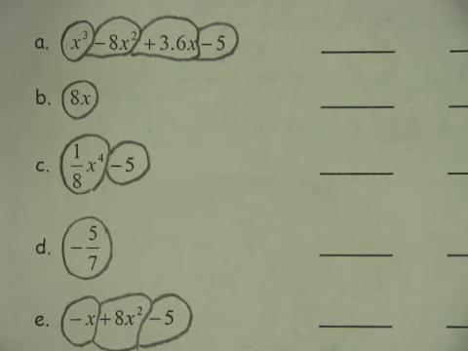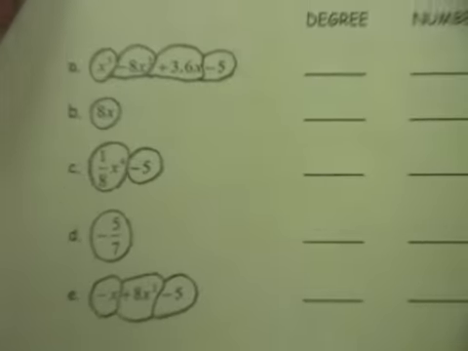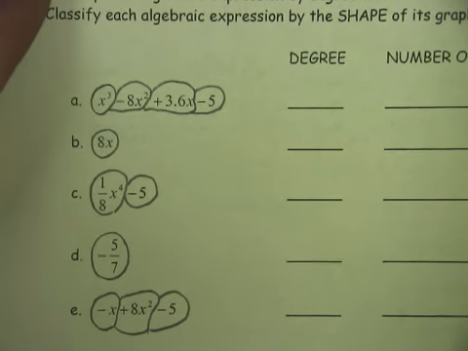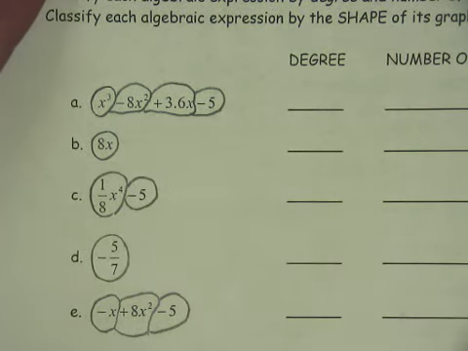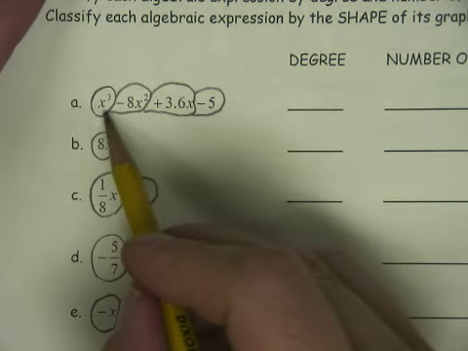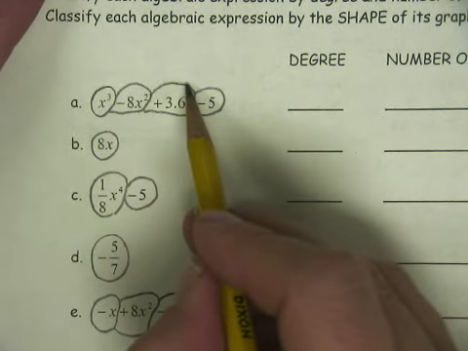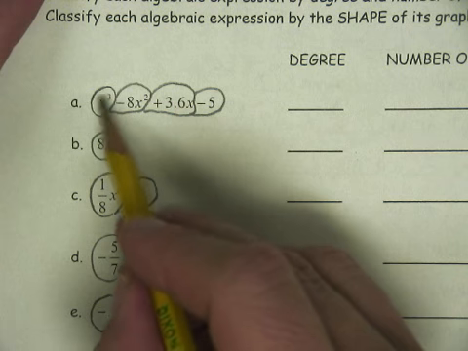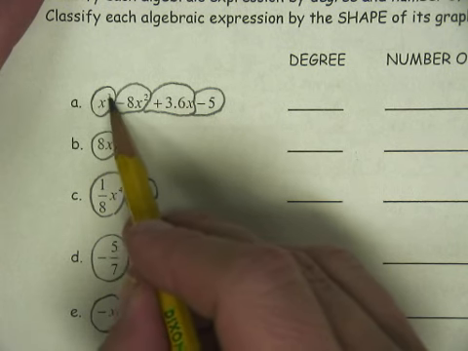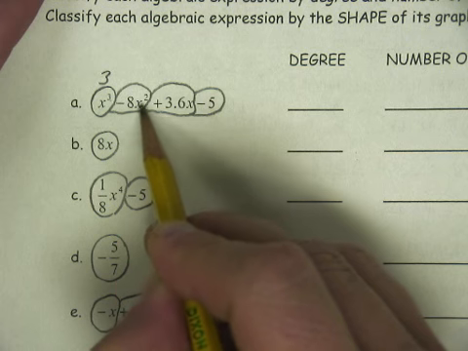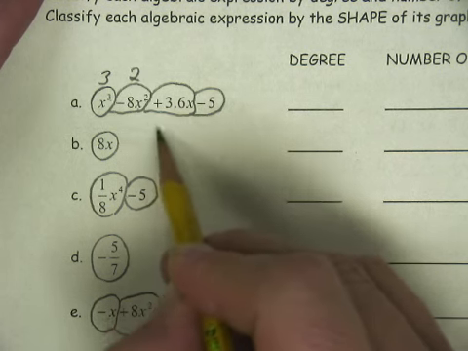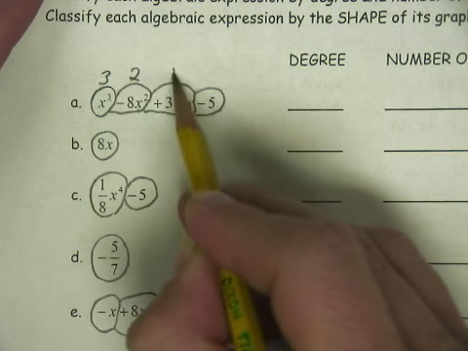Okay, the next set of directions say classify them by degree. So we want the degree of the whole polynomial. I'm going to go through and figure out the degree of each one, and I'll write them right at the top. So for the first term, here's the variable, there's the exponent, and that's the degree. Variable, exponent, degree.